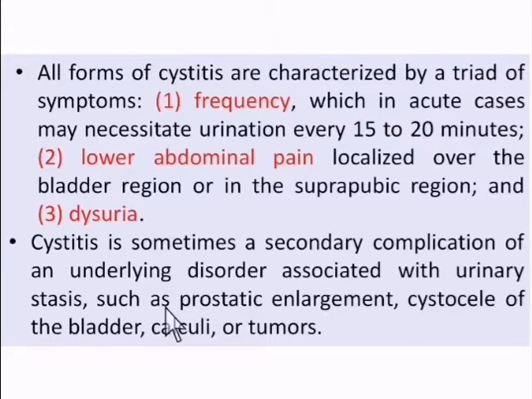Cystitis is sometimes a secondary complication of an underlying disorder associated with urinary stasis, like again prostatic enlargement, cystocele of the bladder, calculi or tumors. يعني أنا إذا البيشنت يجيني repeated attack of cystitis, I should consider the presence of an underlying cause that precipitates repeated attacks of cystitis.